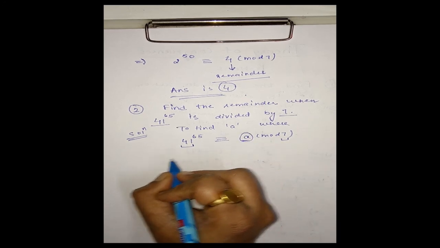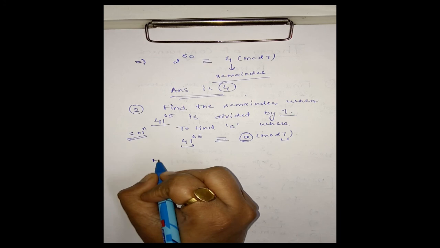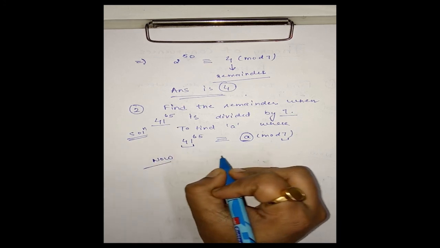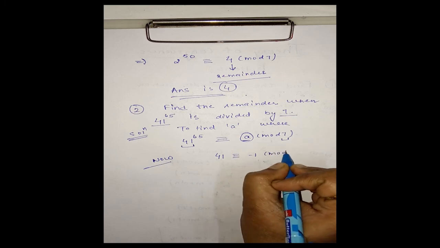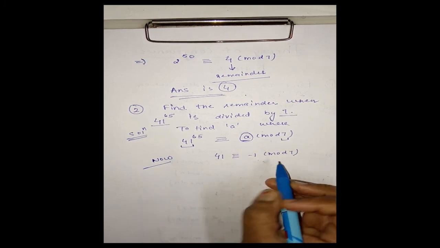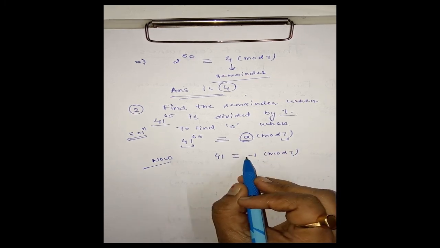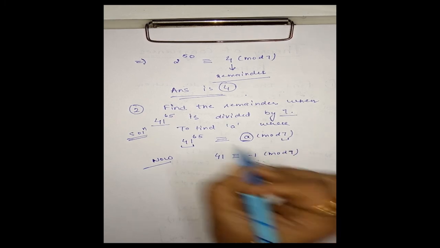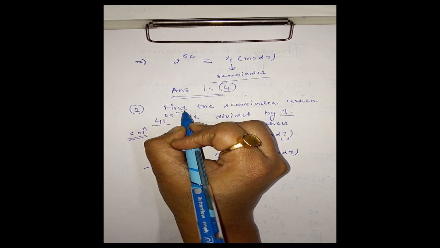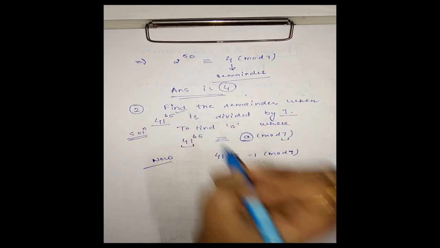Clear? Now 41 is congruent to minus 1 modulo 7. We know 7 sixes are 42, and here 7 divides 41 minus 1, that is 42. Now we have to reach the power 41 power 65.